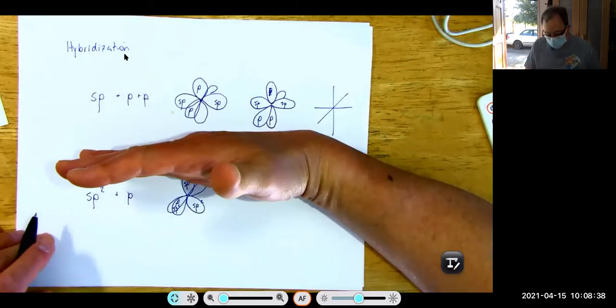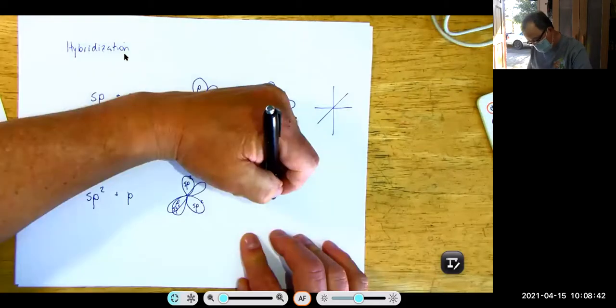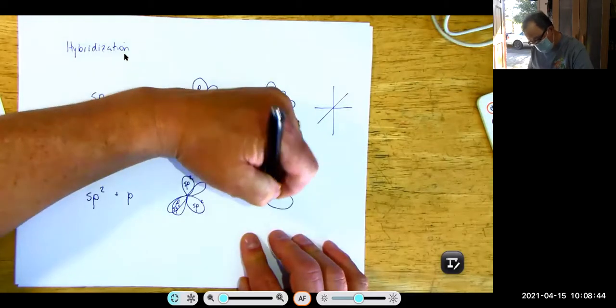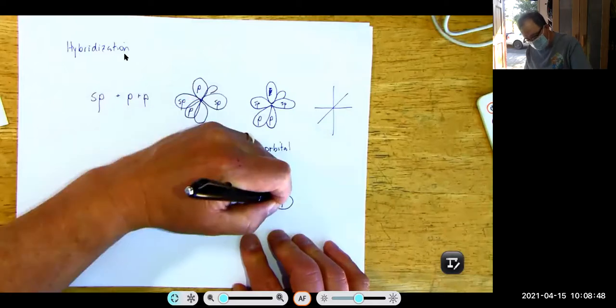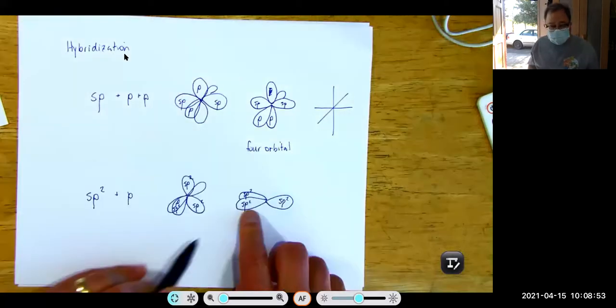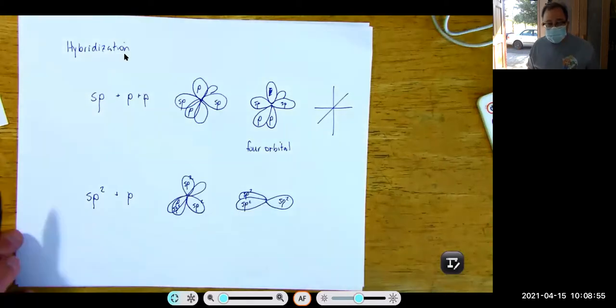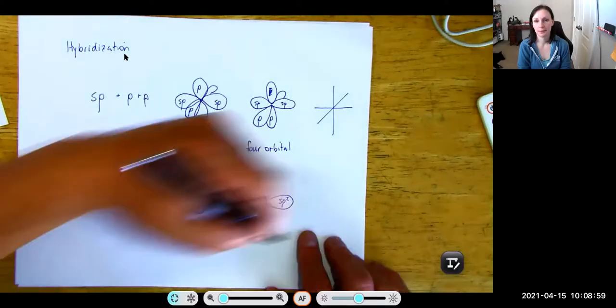So I'm going to take the sp2s and draw them from the side, and it looks like this. Do you see how this one sp2 is kind of going back away from the center? If we were to draw bonds, it would look like this.